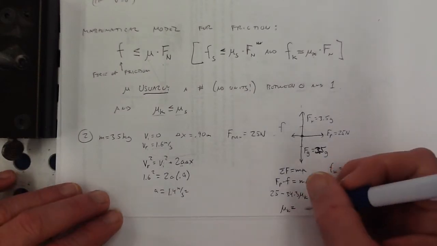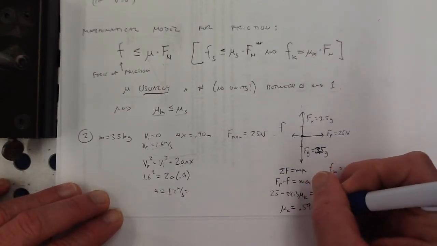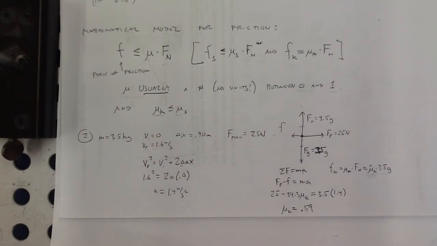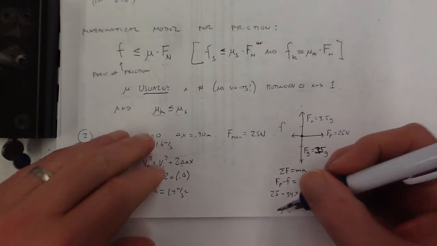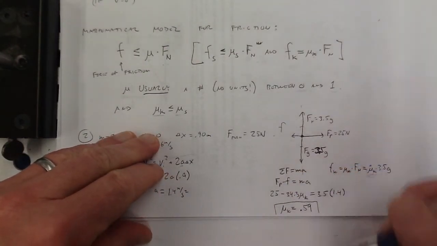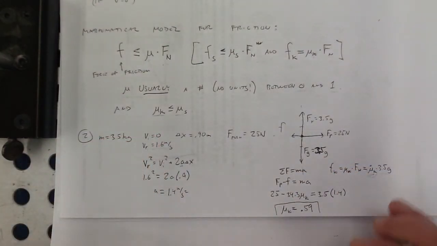Ooh, that's kind of high. 0.59 I got there. And I forgot to do my little printout of the answer key, so I sure hope that's right. The process is correct anyway, and I'll check afterwards and make a note just in case there's any mistake, but we'll just presume that that's correct.